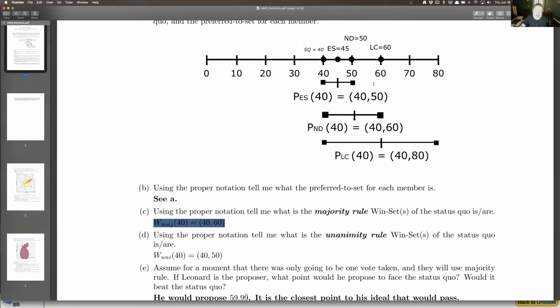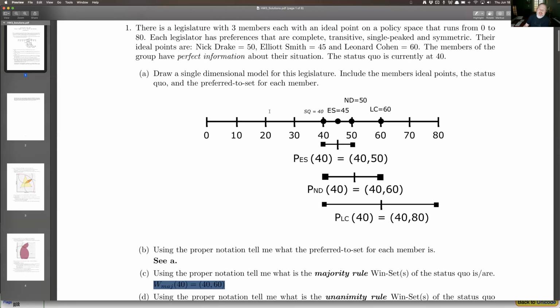A sure outcome that is 0.0000000001 away from your ideal is much better than a 50% chance of getting something that is 20 units on the issue dimension away from your ideal point. No matter what his utility function looks like, because it's single peaked and symmetric, it's always better to be right here than it is to be here, all right?